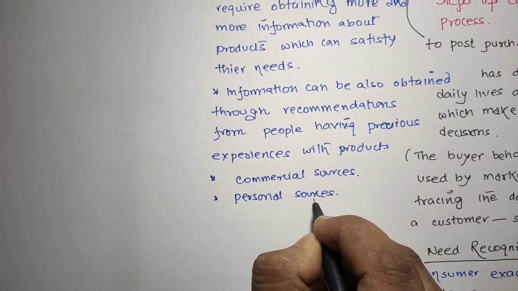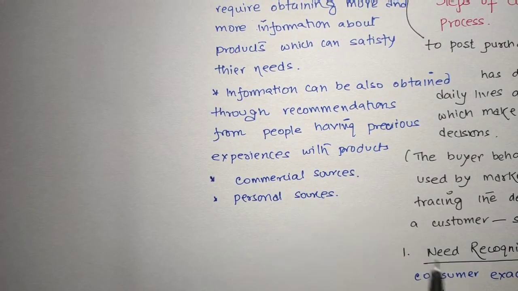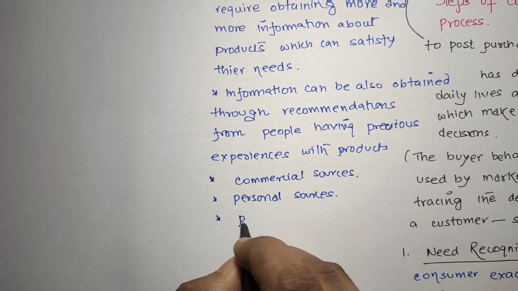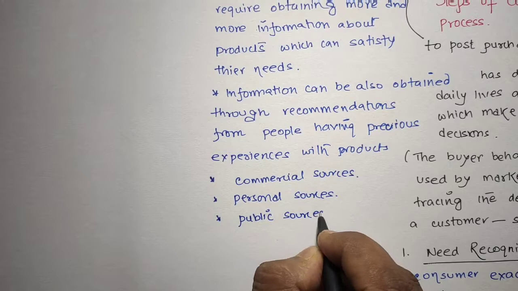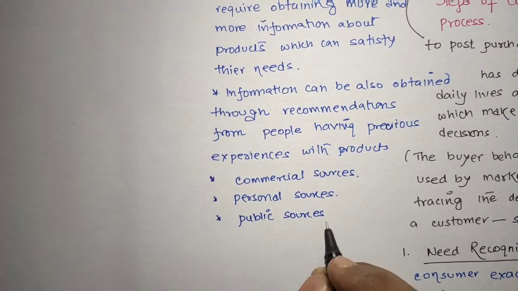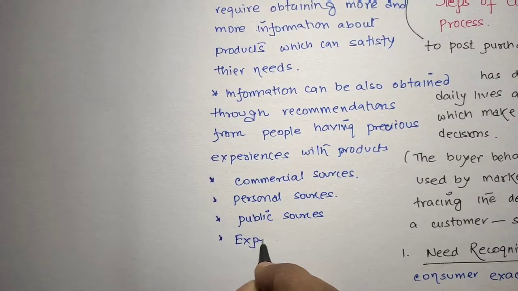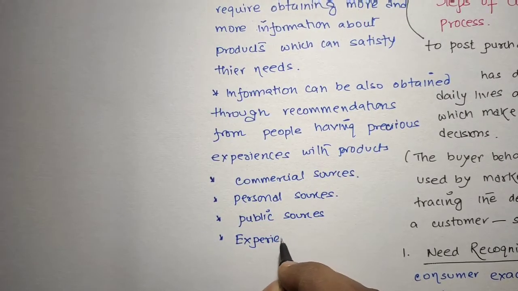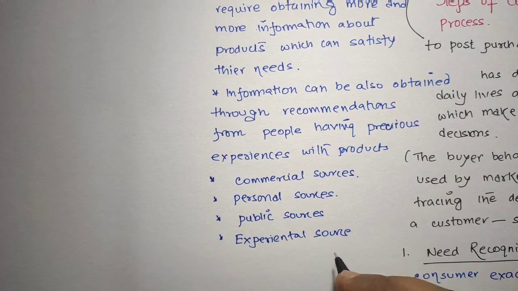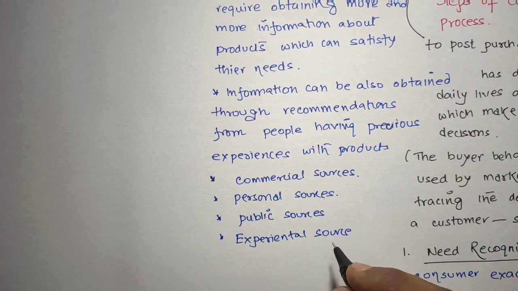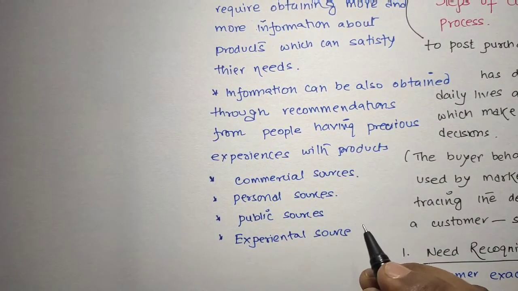These are the needs mainly discussed with the family and friends who provide product recommendation. Then public sources, radio, newspaper, magazine, etc. And next one is experiential sources. These experiential sources of customer using particular brand. These are the sources of information search.